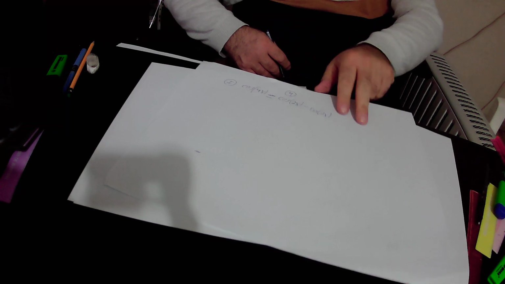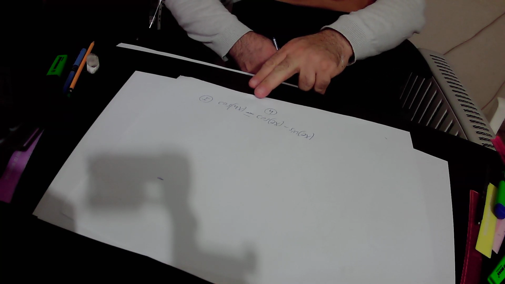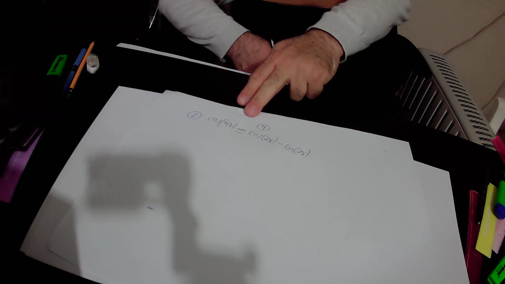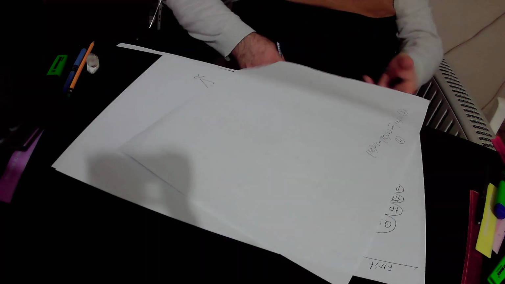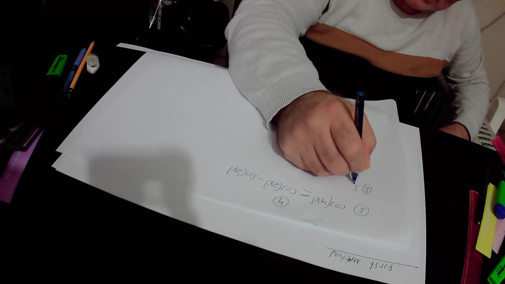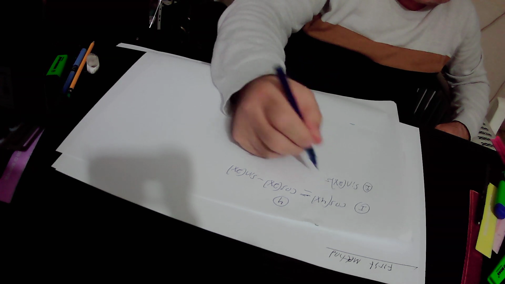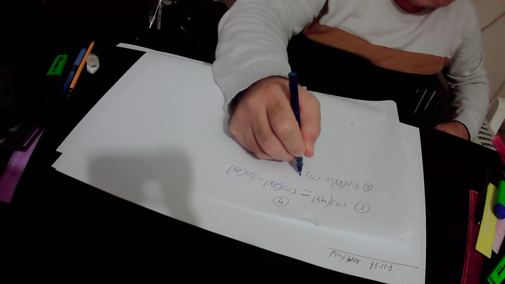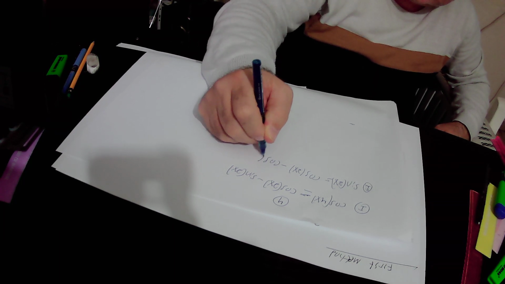So here we will add sine 2x to this equation number 1, and we will subtract cosine 4x, and we will get that sine 2x equals cosine 2x minus cosine 4x.